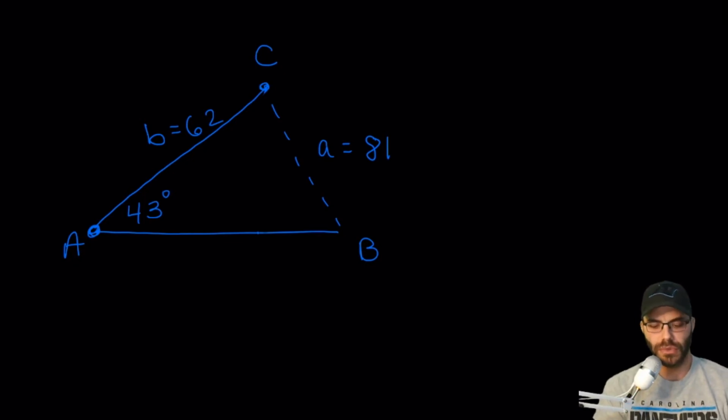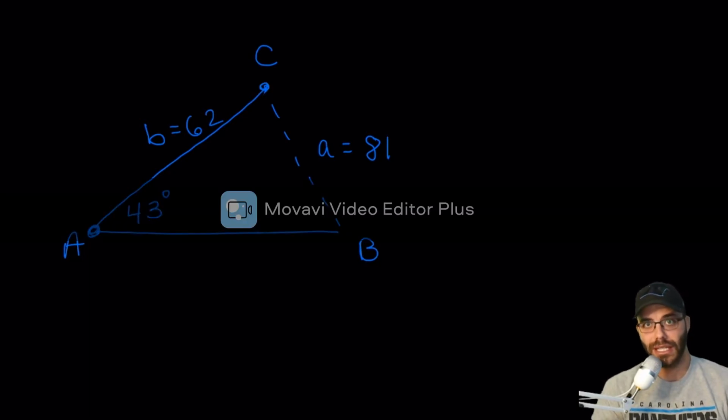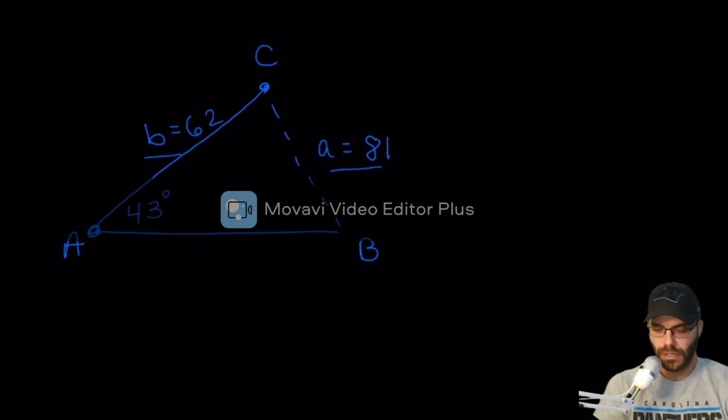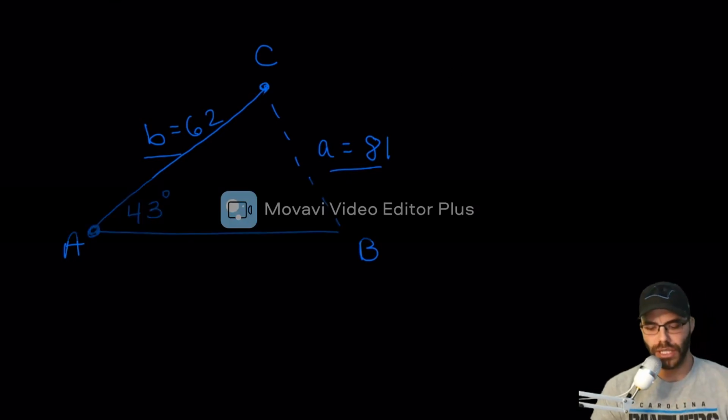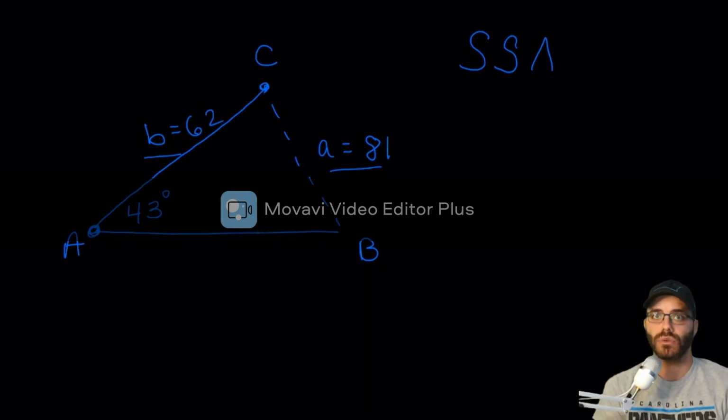So very briefly, in this case, if I know side A and side B, then the included angle would be angle C. The ambiguous case appears if we have two sides and a non-included angle, one of the two angles that is not between the two sides, okay? Which is what we have right here. Now the trick in determining we have 0, 1, or 2 triangles is finding that height.